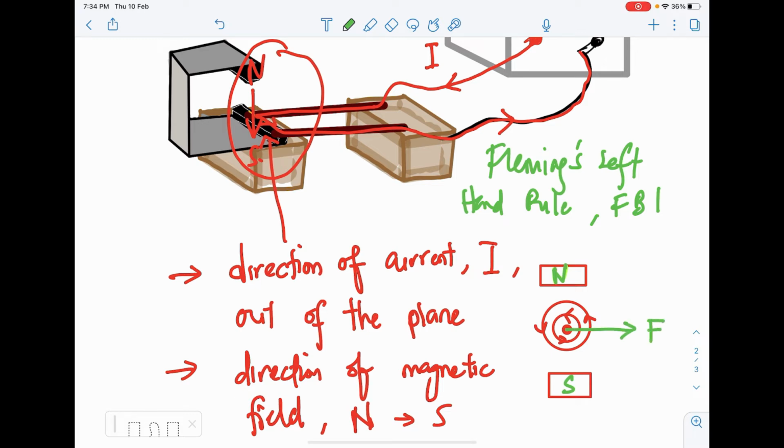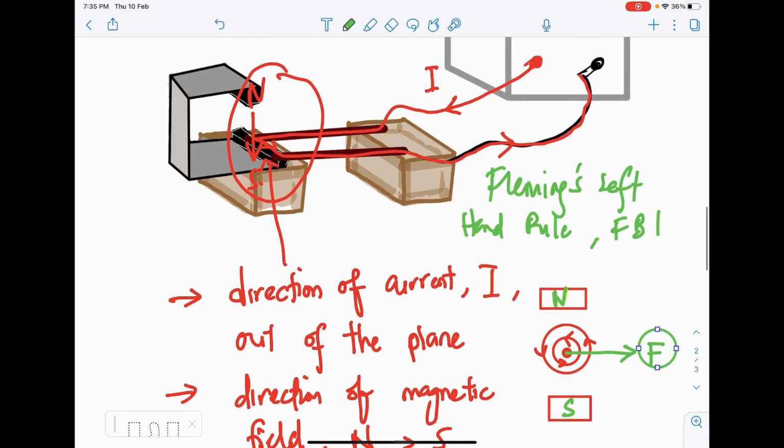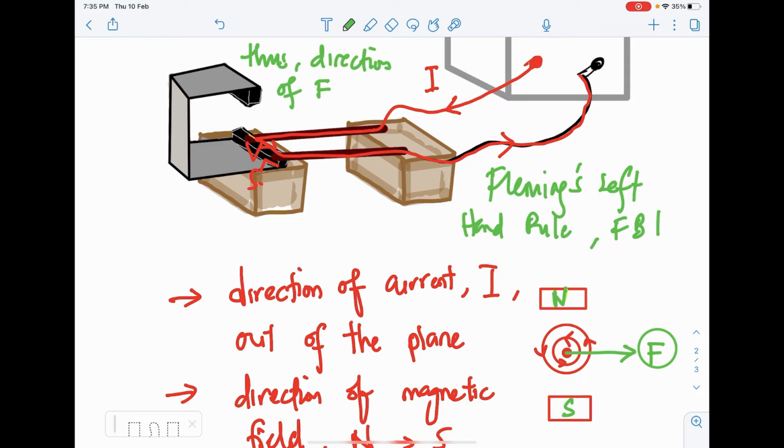The movement of the copper wire is from left to right, as per our previous observation in the experiment.